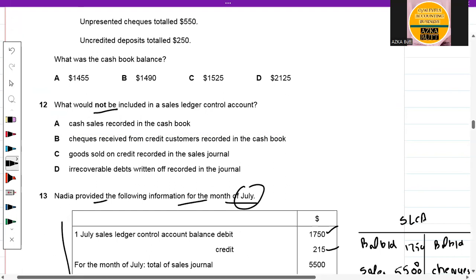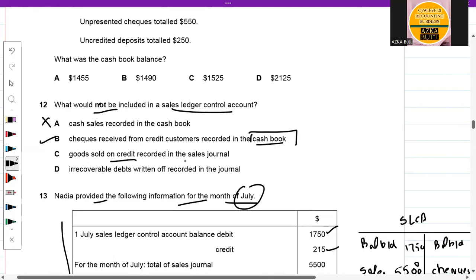What would not be included in the sales ledger control account? Okay, so cash is recorded in the cash book. So we know that it is recorded in the cash book. It is not recorded in the sales ledger control account. Cheques received from customers recorded in the cash book. Yes, it is recorded in the cash book, but before that it is also recorded in the sales ledger control account.